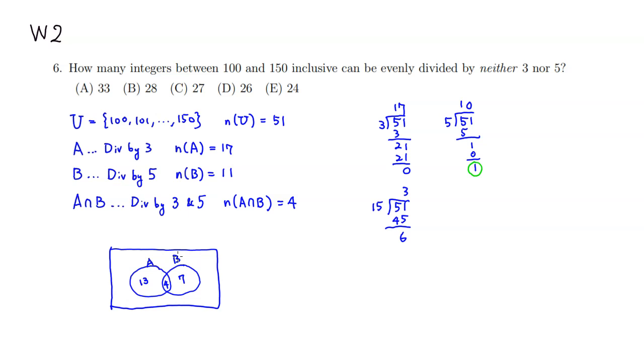Then what you're looking for is the number evenly divided by neither 3 nor 5. So we are looking for these guys out here, outside A and outside B at the same time, right?